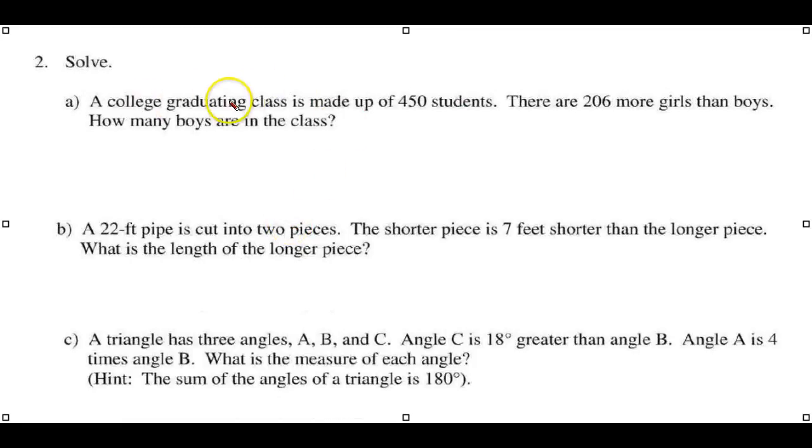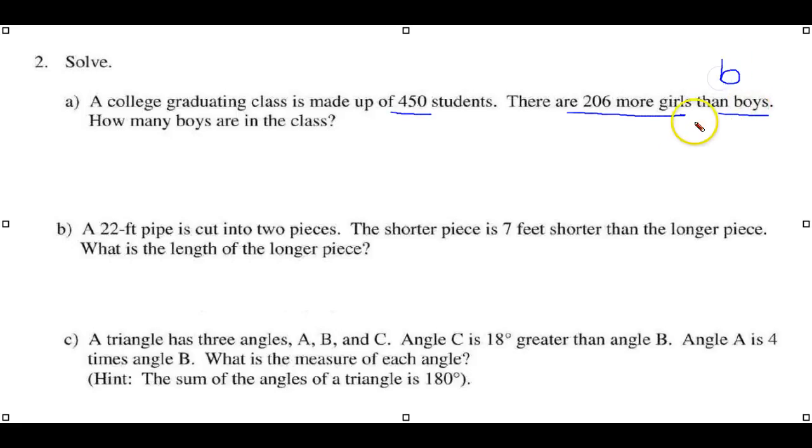A college graduating class is made up of this many students. There are this many more girls than boys. Now, here's a case where we can actually, instead of using x, pick a letter from what we're dealing with. What we don't know anything about is the number of boys.